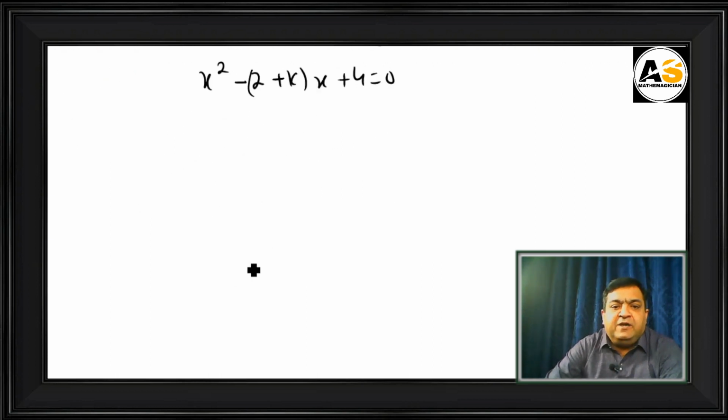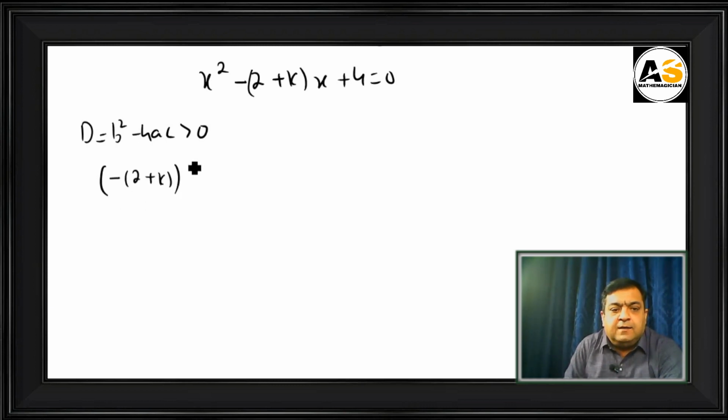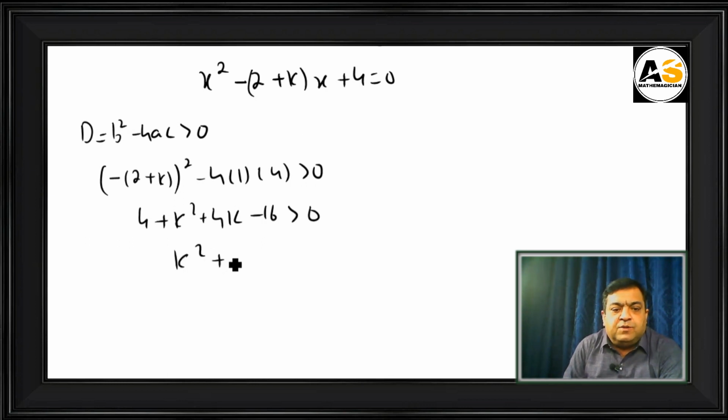Now, discriminant must be positive, that is b square minus 4ac must be greater than 0. That is, negative 2 plus k, its square, minus 4 into a into c should be greater than 0. 4 plus k square plus 4k minus 16 is greater than 0. k square plus 4k minus 12 is greater than 0.